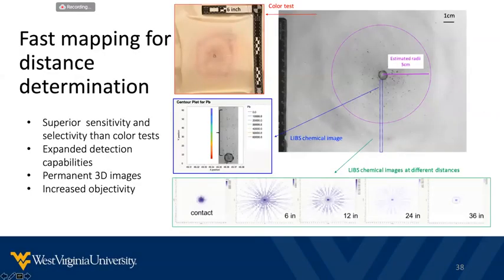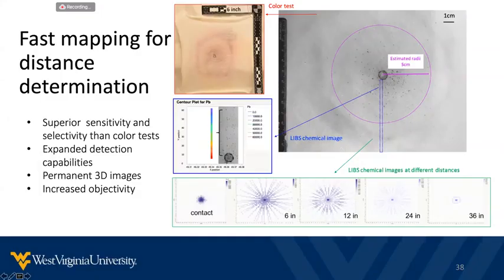So we can use this spectral information to generate 3D maps of the distribution of inorganic gunshot residues around the crater, as shown here in the diagram at the bottom, where we can see the different distributions for contact, 6 inches, 12 inches, 24 inches, and 36 inches away, in this particular case for lead.